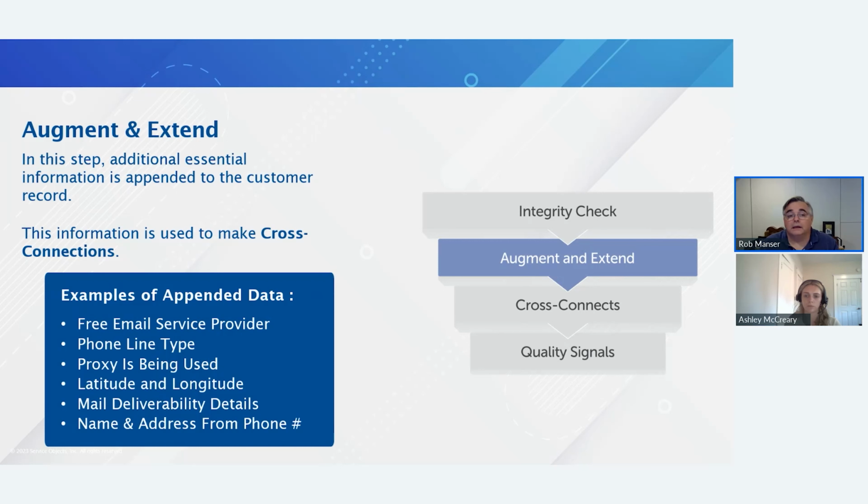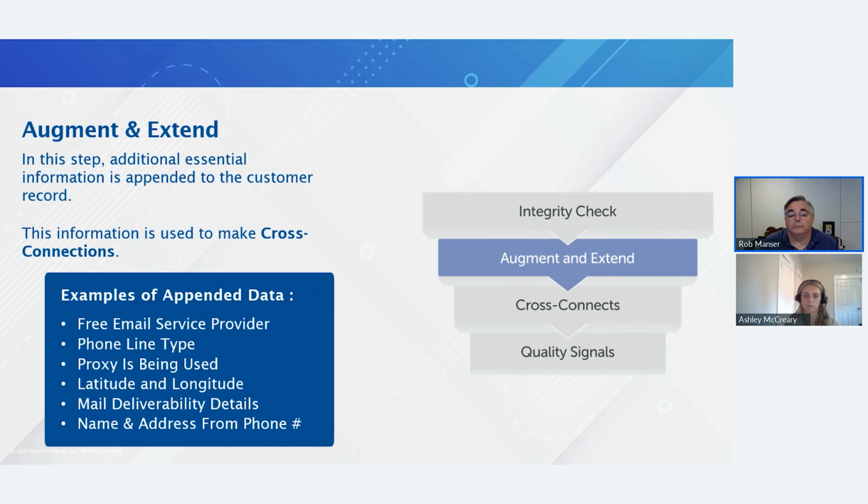Or if you are running phone numbers through the system, maybe we're going to give you phone type and porting information if that's what you need. If you're worried about fraud, maybe you're looking at IP and seeing if they're using a proxy. Addresses can give us latitude and longitude, and those can be used for delivery logistics or route planning.